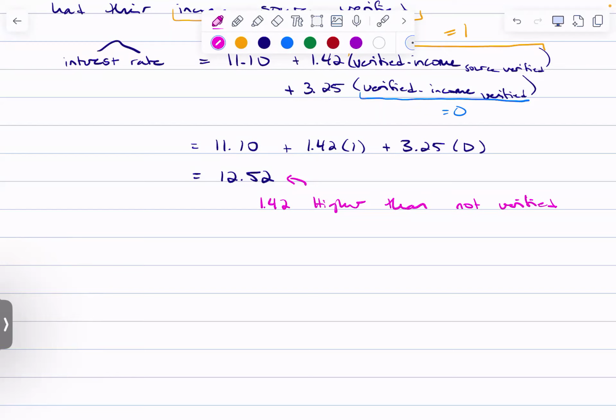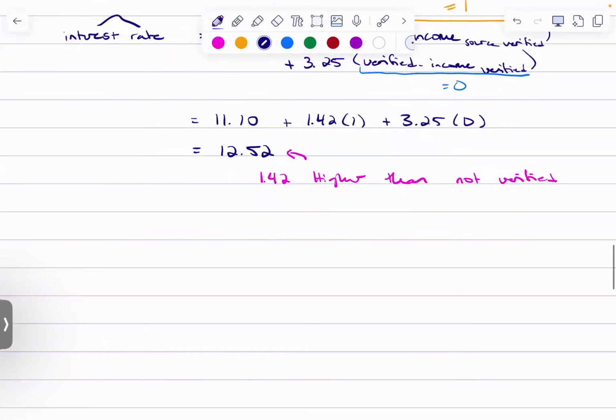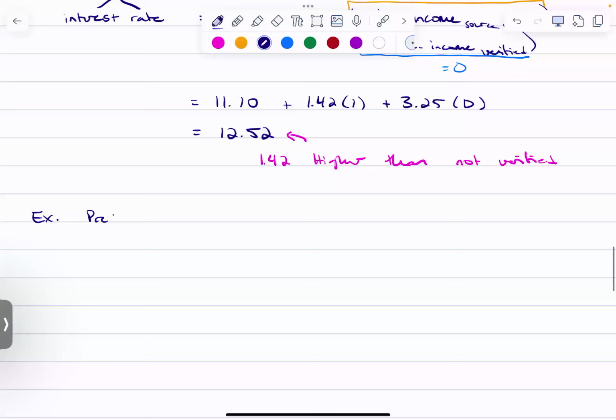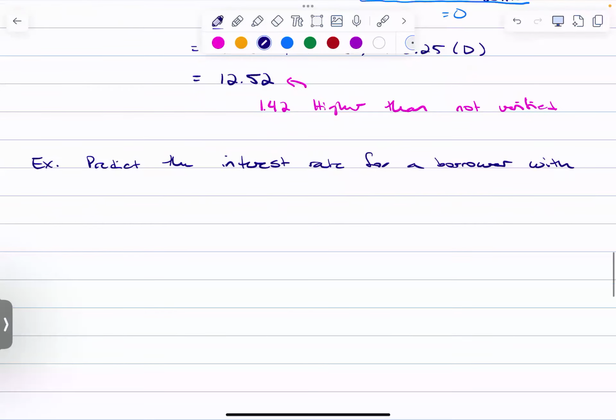what about if both were verified? Predict the interest rate for a borrower with both income and source verified.